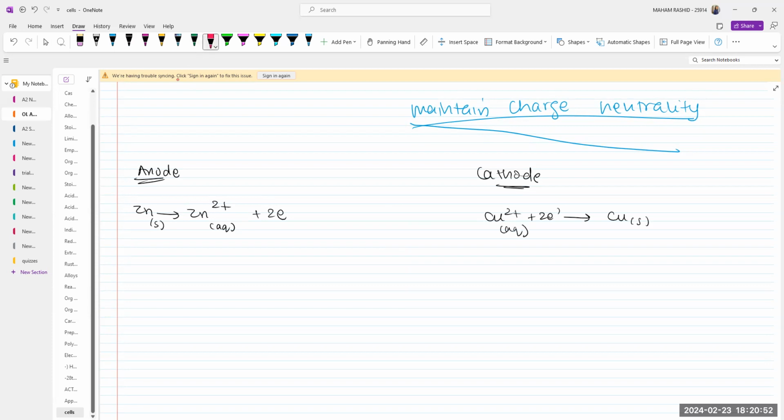And then we make the overall equation. The 2 electrons get cut. Zn giving Zn2+ plus 2 electrons, Cu2+ plus 2 electrons giving Cu. I'll cut both of these and make an arrow here.